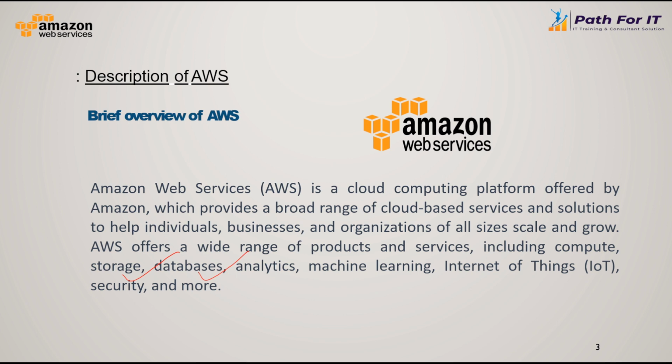With AWS, users can choose from a range of services to build and manage their applications without the need for upfront infrastructure investment. Some popular services include EC2, which we call Amazon Elastic Compute Cloud. We also have S3, RDS, and Lambda.